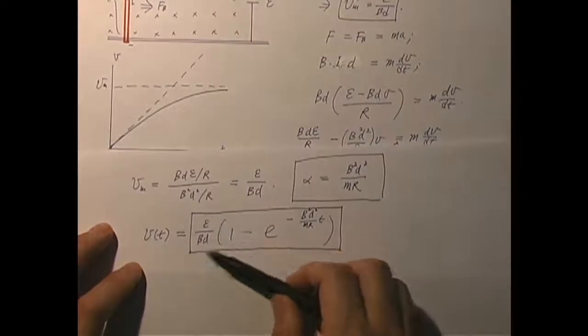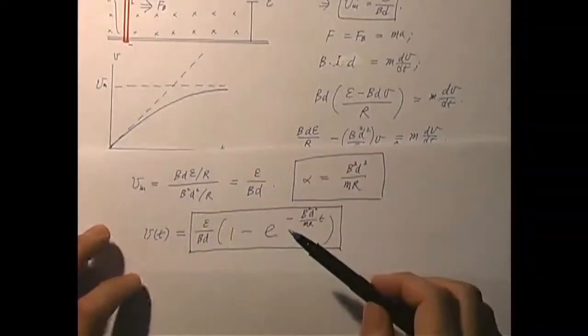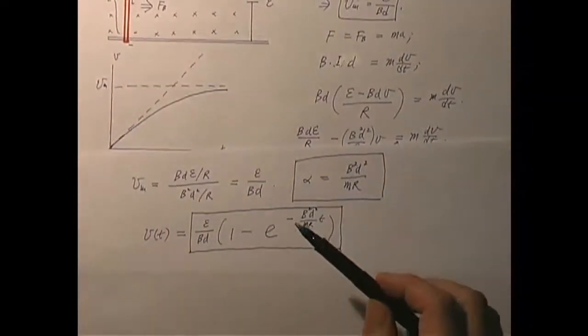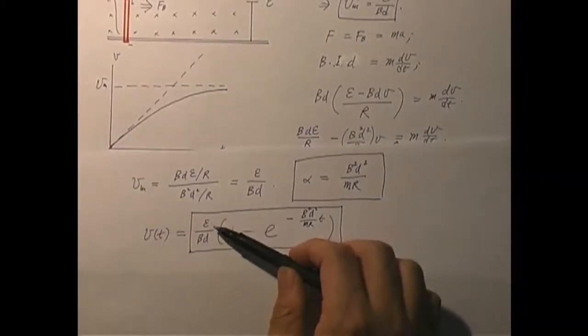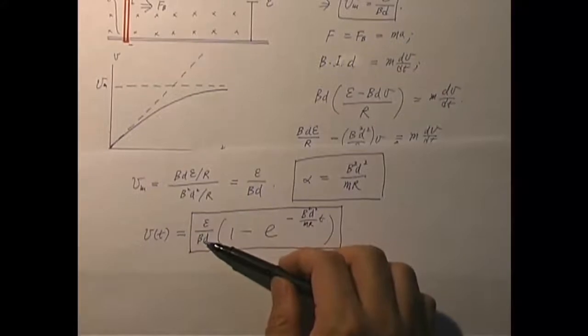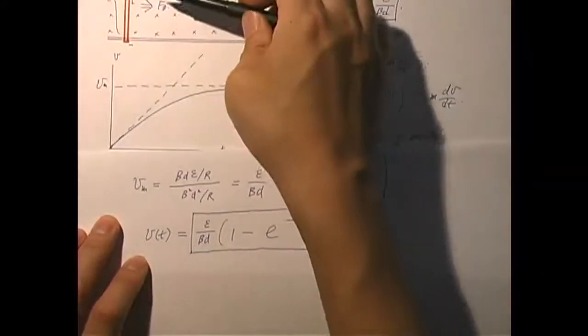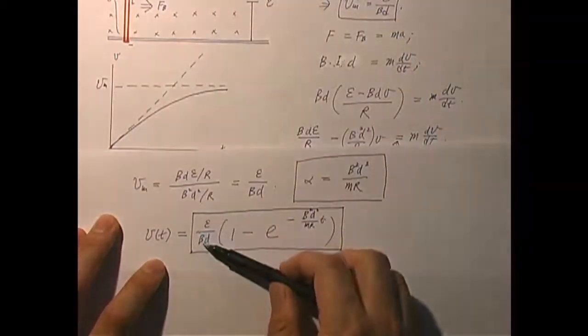And the reason why you have a limit is because of Faraday's law. Look at the final limited value of V maximum, epsilon over B D. Now, suppose you have a smaller d, so you have a smaller bar cutting through the magnetic field lines, and a smaller magnetic field.